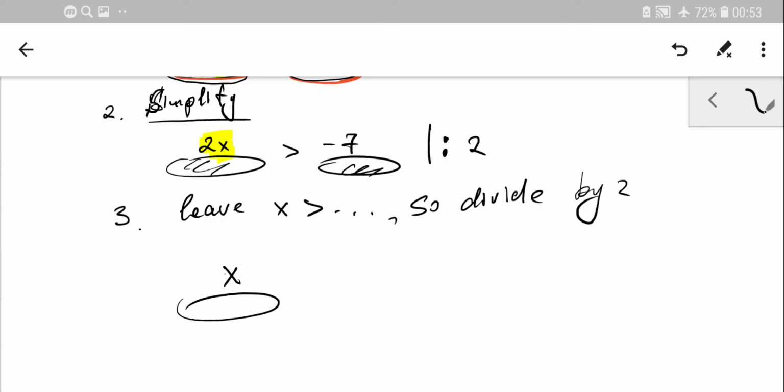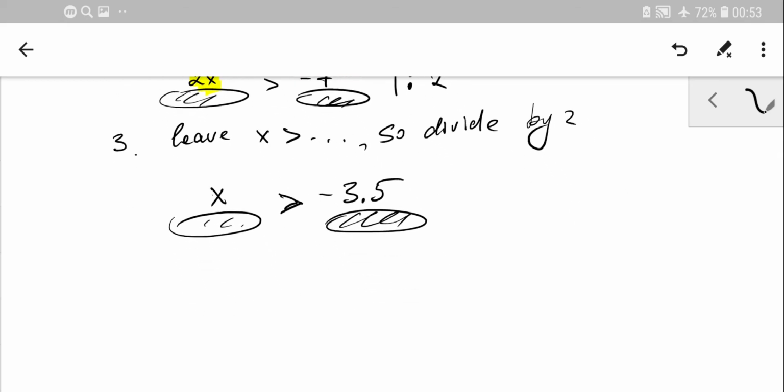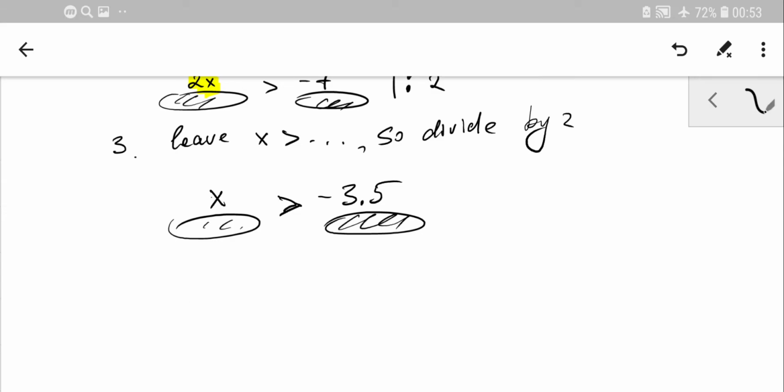All right, so we have the following. x is still more than -7 over 2, that means -3.5, with the negative sign, residing on the right plate. So what to do next? If you aren't asked to graph the inequality, like put it on the number line, just leave your answer as it is. So your solution is ready.